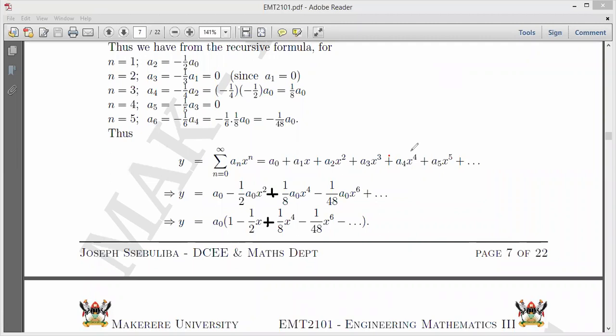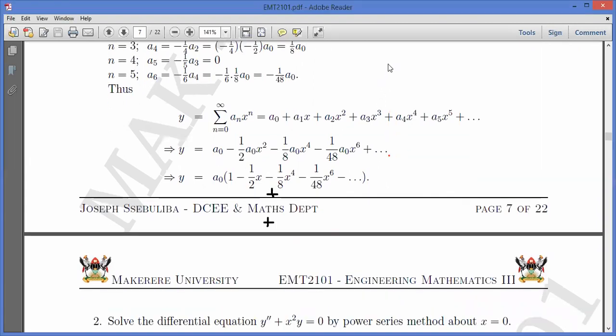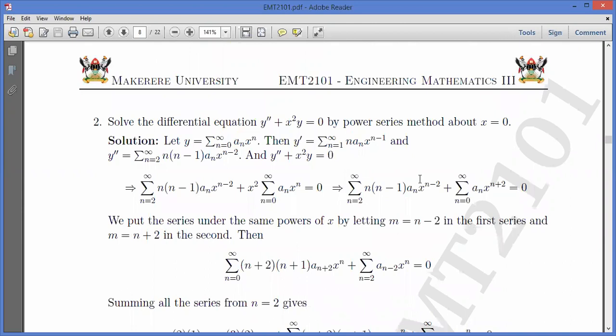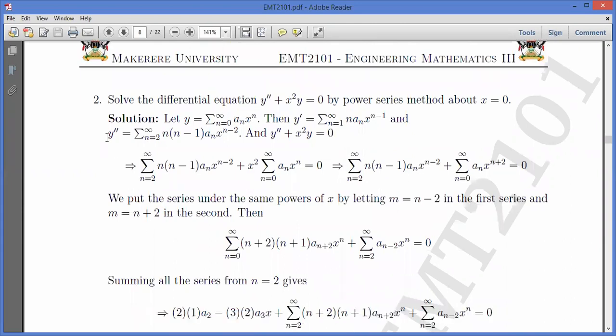Okay, let's look at one more example. Let's just look at one more example. And in this other example, I want us to look at example 2.